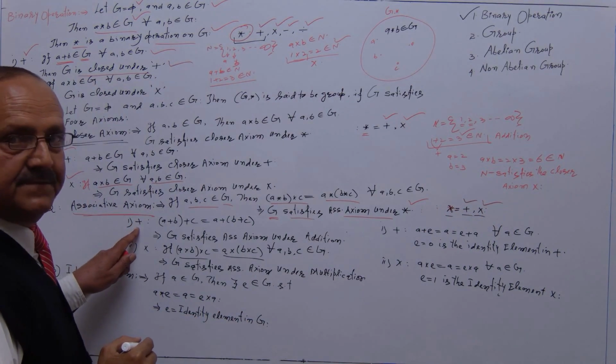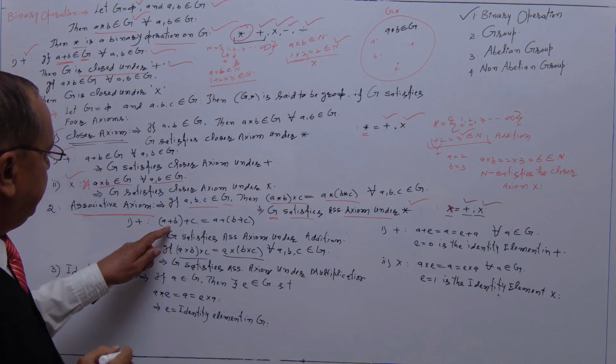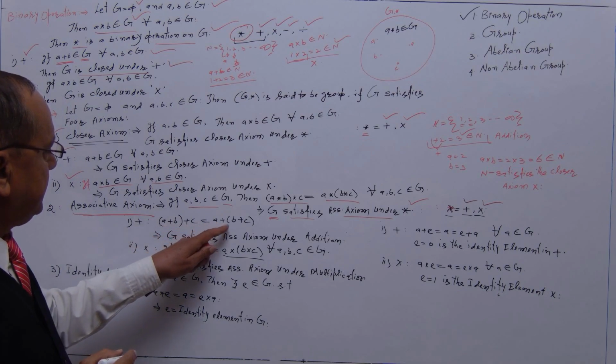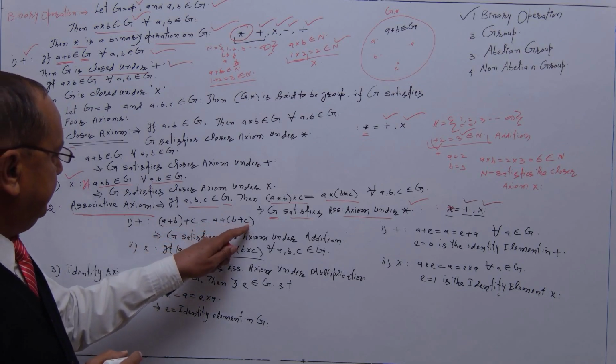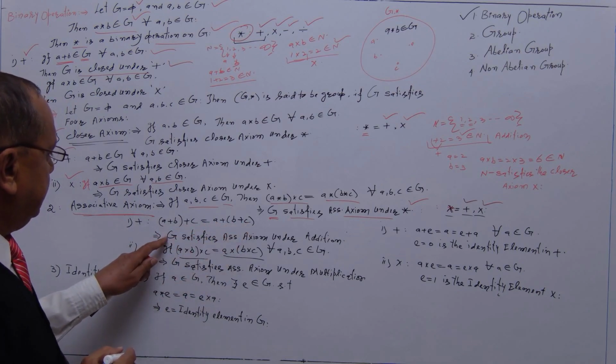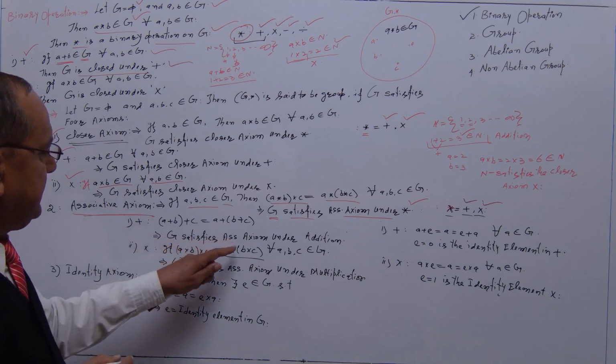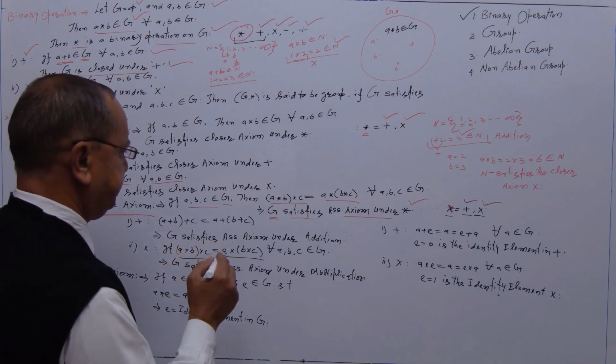As we said earlier, this star can be addition or multiplication. In the case of addition, if a plus b plus c is equal to a plus of b plus c, then this G satisfies the associative axiom.